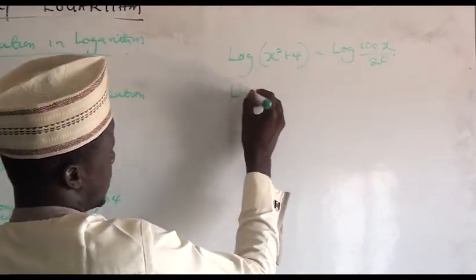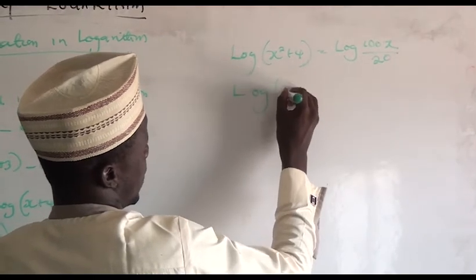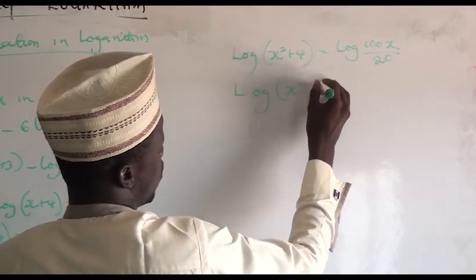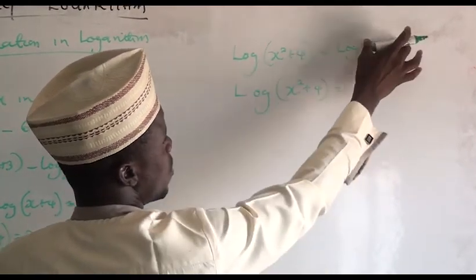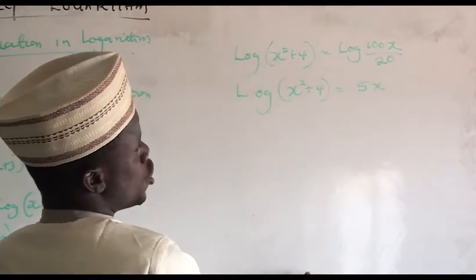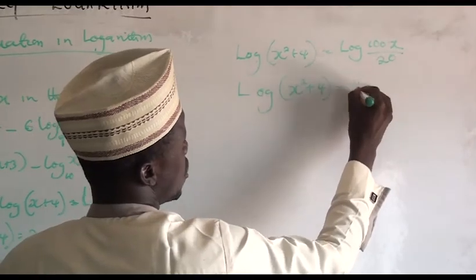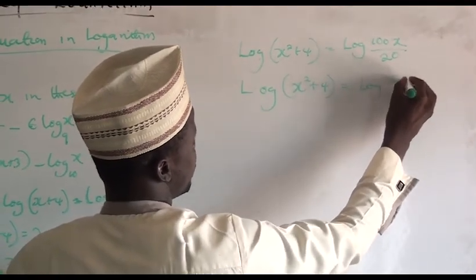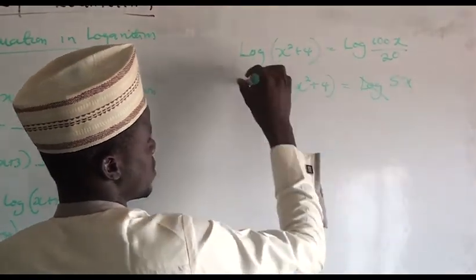So log of x squared plus 4 equals 100x divided by 20, we have 5x. So now we have log 5x, so we dissolve the logs.